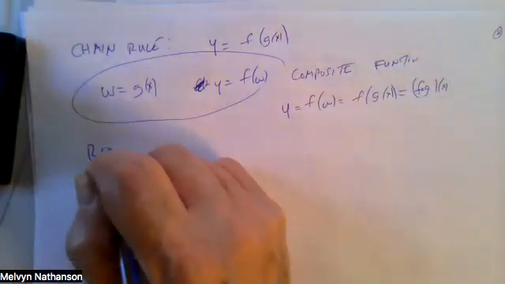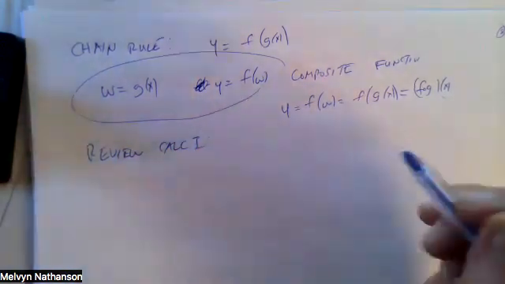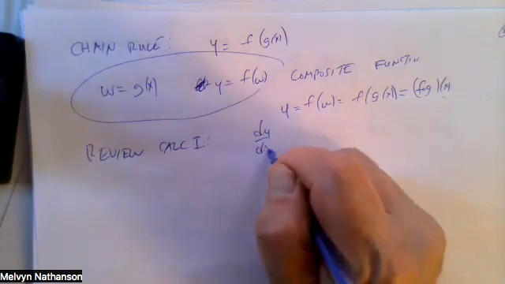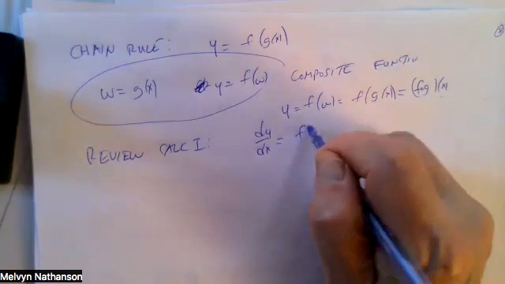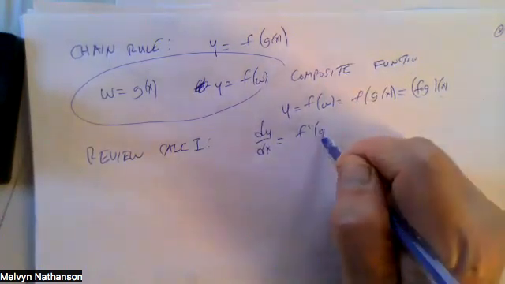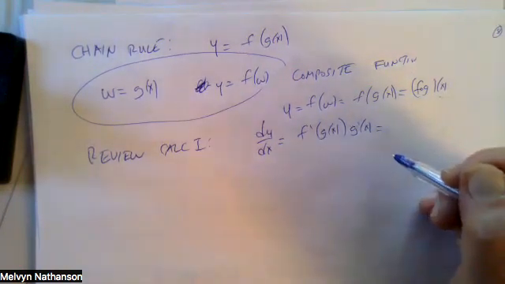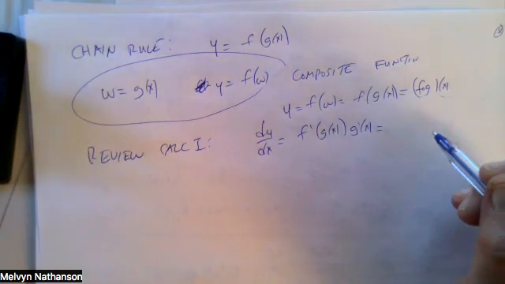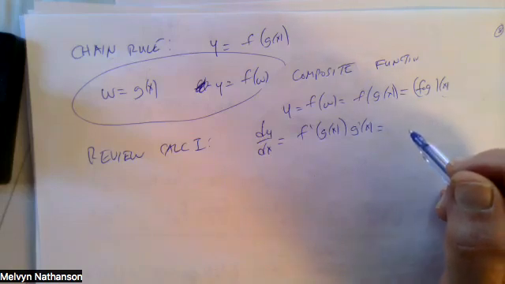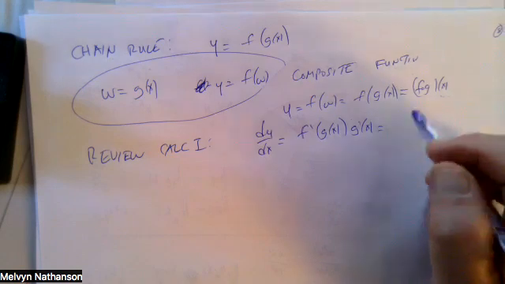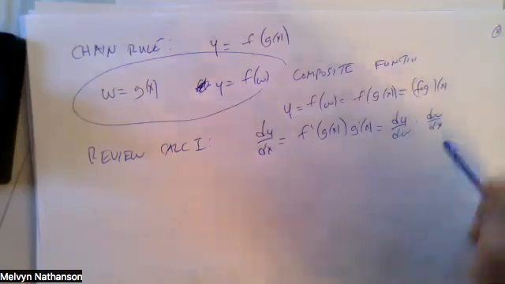So this is really just a review. Calc 1. dy dx, the derivative, is f prime of g of x times g prime of x, which you could also write as dy dw times dw dx.